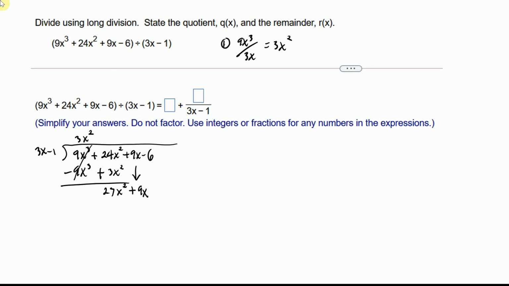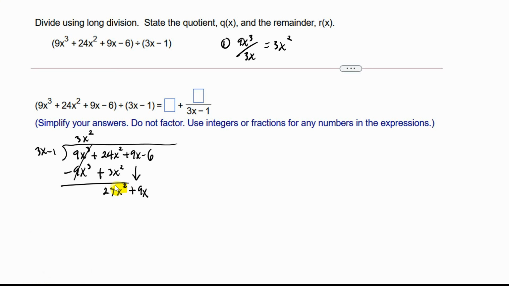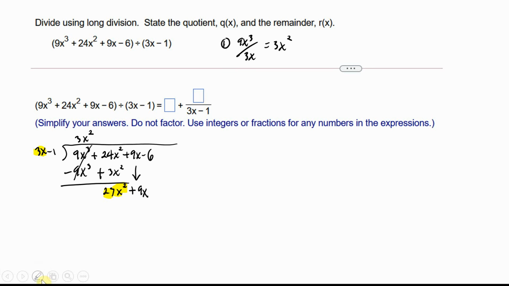So now we're going to divide this term by the first term of the binomial. So we say 27x squared divided by 3x.